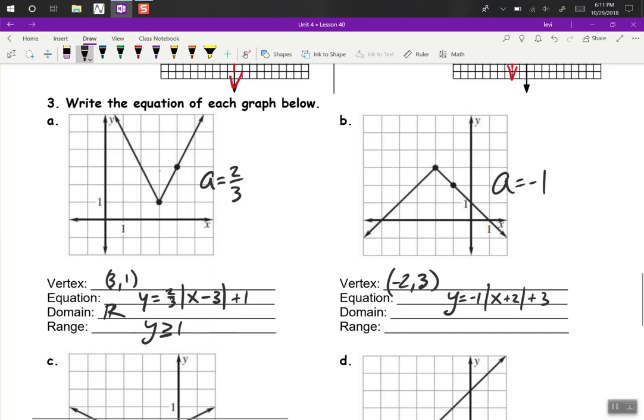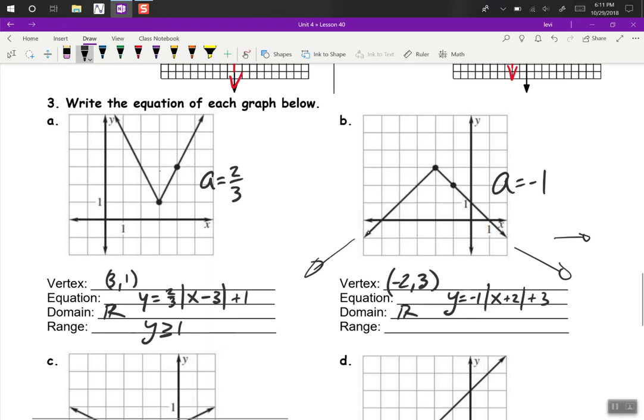Our domain here, right, x values, this is going to keep on going on and on forever to the left, keep on going on and on forever to the right, so our domain is all real numbers. Doesn't matter what our x values are going to be. And then what about our y values?